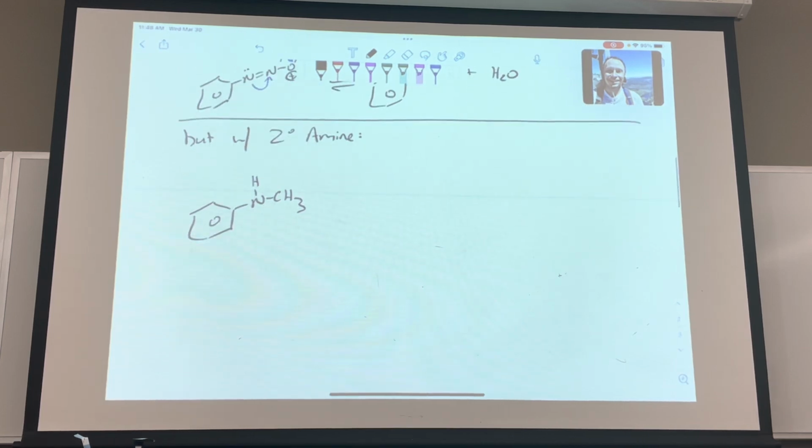Okay, so this mechanism is going to begin exactly the same way the previous one did, where you have your amine. Under the conditions of the reaction, you will have that nitrosonium, and the nitrogen will go out to attack. So just following the exact same steps that we did previously. We want to lose the proton to get things back to neutral.